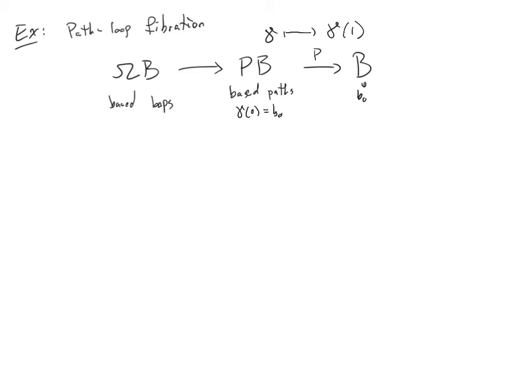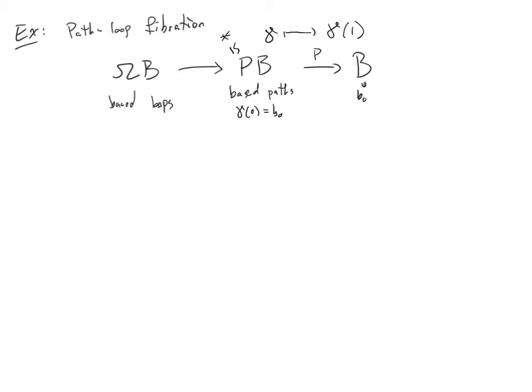I think we proved this, but it's a really good example of a Serre fibration. Based paths are contractible, so the total space here is actually a contractible space. You can think of them as a bundle of spaghetti, and you can homotope them all down to the constant path concentrated at the base point by slurping back along the paths, like sucking in the spaghetti to the base point.